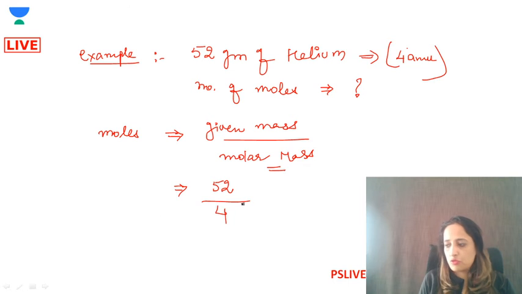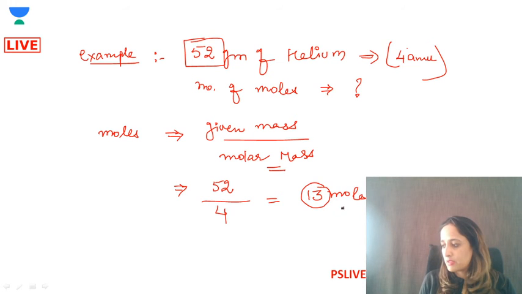You divide 52 by 4 and the answer that you get is 13. So the number of moles that you have in 52 grams of helium is 13.